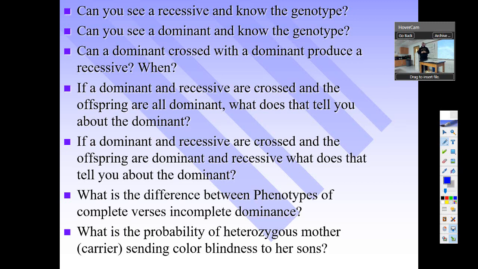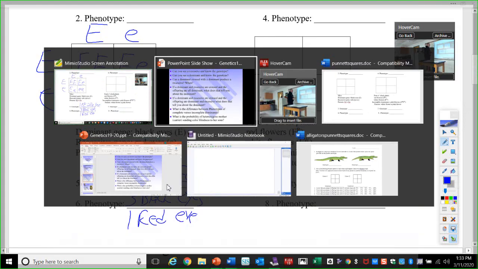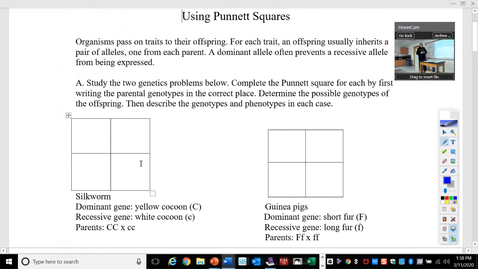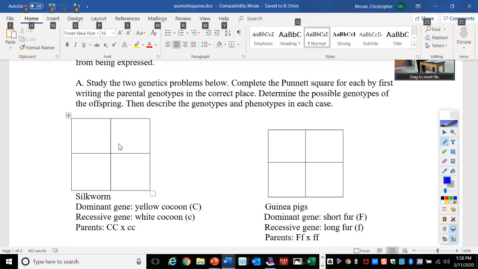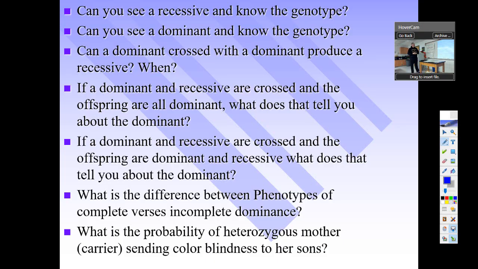Are they heterozygous or homozygous? Homozygous. That was like this cross here. Remember that one? Very good. Here's a dominant crossed with the recessive, and we got all big C, little c's, so they showed all dominant.